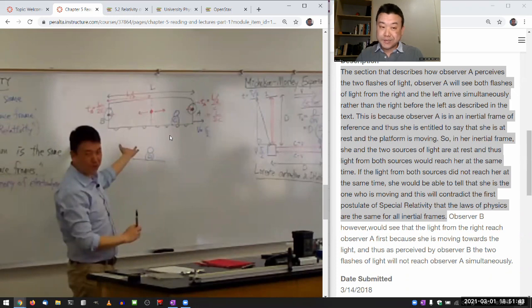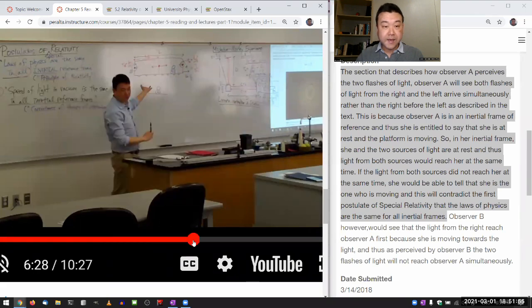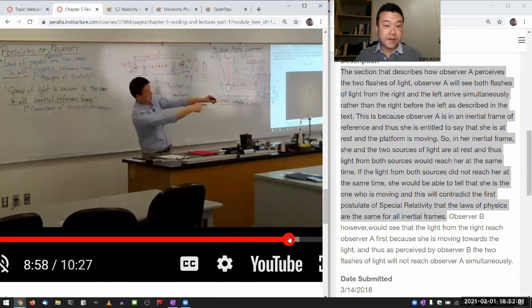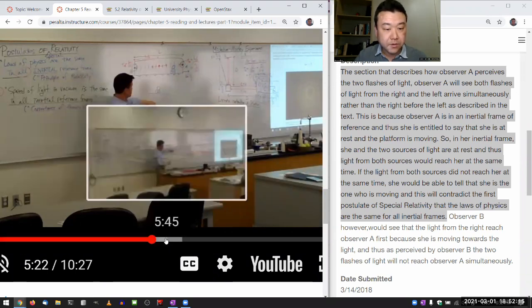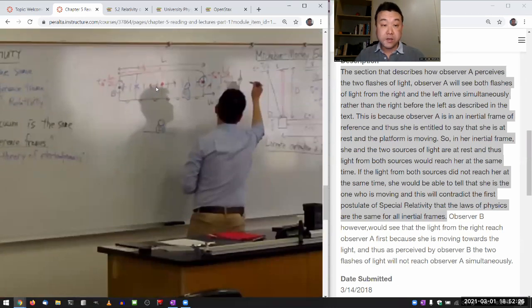And what you see described here is that once you've set it up so that this light pulse will reach A and B simultaneously, then what you will find, applying the second postulate, and I kind of describe it around here also, is that in the reference frame of the guy on the train station, the light pulse that reaches the back end of the train reaches it before the light pulse that reaches the front end of the train.